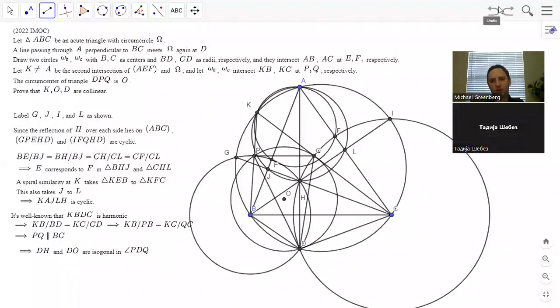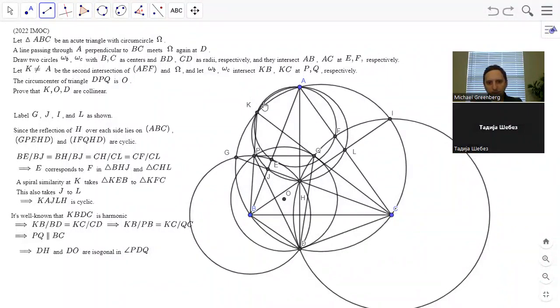What is confusing you? Oh, so PQ is parallel to BC. Well, okay. We know DH and DO are isogonal. How do we know that DK and DH are isogonal? Angle chase. So we can find angle HDQ. How do we find angle PDK?